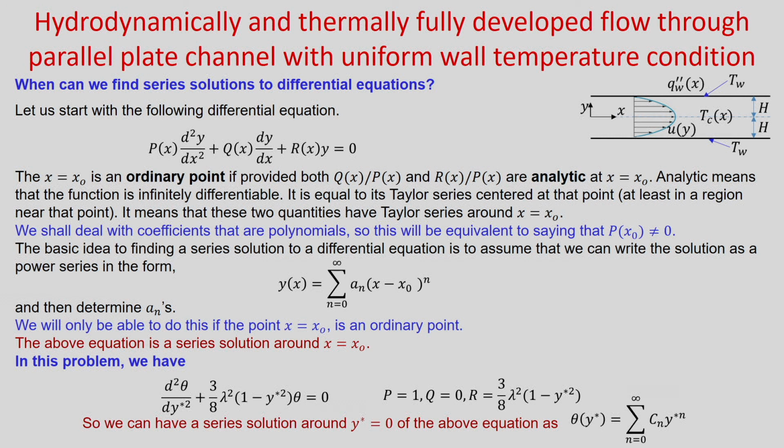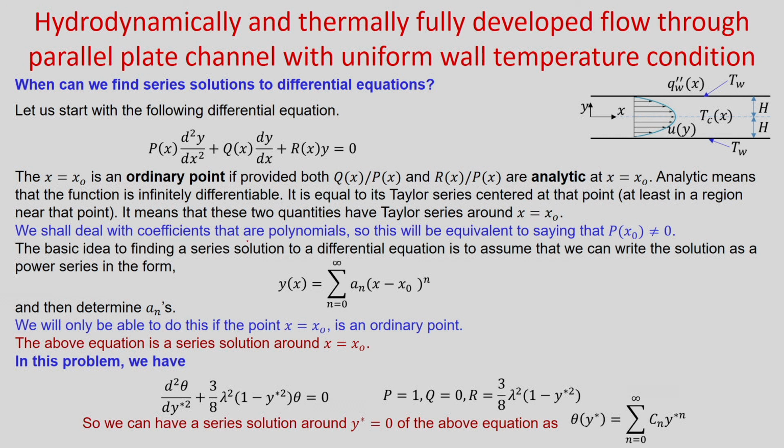The point x equal to x0 is an ordinary point, provided both q(x)/p(x) and r(x)/p(x) are analytic at x equal to x0. Analytic means that the function is infinitely differentiable, it is equal to its Taylor series centered at that point, at least in a region near that point. It means that these two quantities have Taylor series around x equal to x naught.